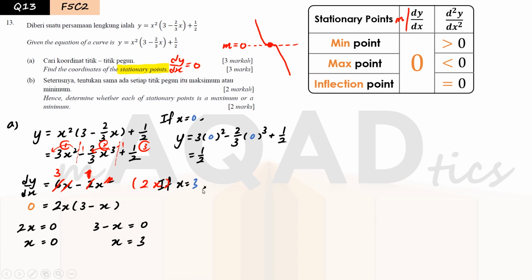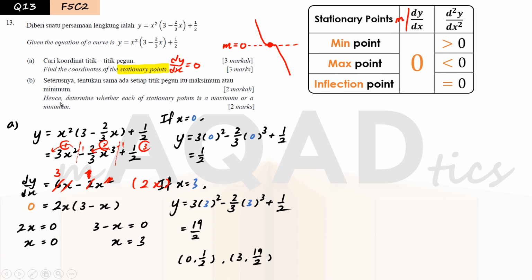And when the x coordinate is 3, we use back the same equation here and then we can find out the y coordinate is 19 over 2. Alright, so we have the coordinates of our two stationary points and then we can write out a final answer for this part A. Alright, (0, 1 over 2), (3, 19 over 2).